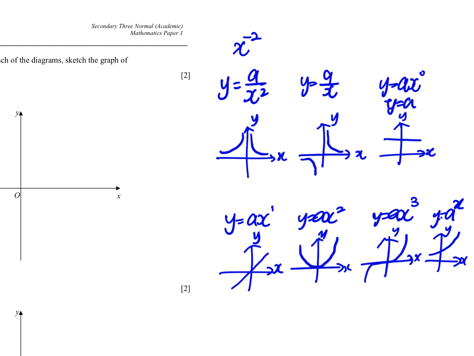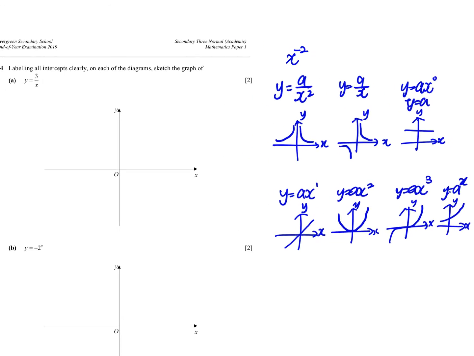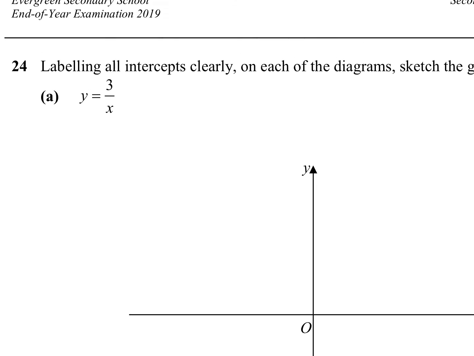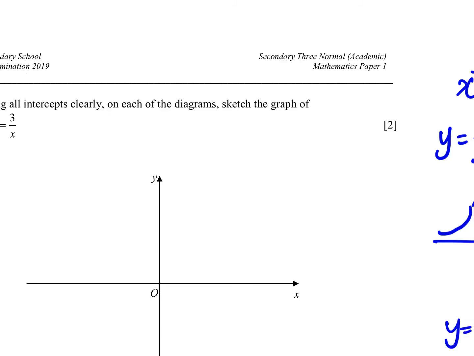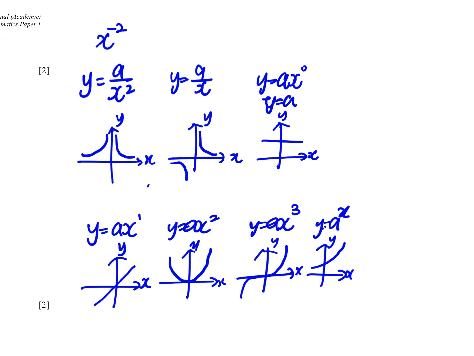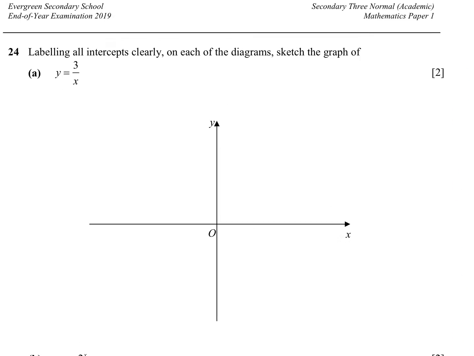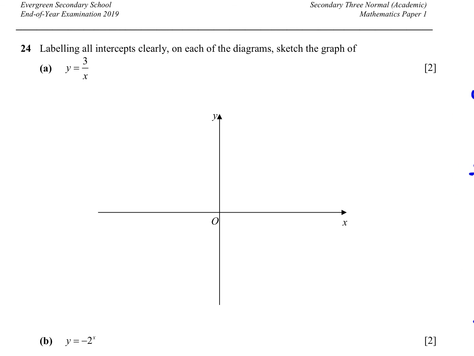Okay. So now what we need to do, we need to sketch the graph of all these patterns. When you look at this one, first one, this is y equals 3 over x. Which shape is it? 1, 2, 3, 4, 5, 6, 7. Number 2. You must know it's something like that, right? But they give me a number here, which means I can do something.